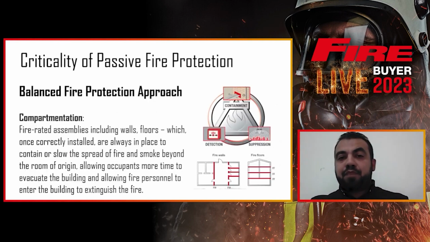The balanced fire protection approach. Prescriptive codes like NFPA, IFC, and IBC use multiple layers of safeguards for fire protection, so they do not depend on a single fire protection measure.